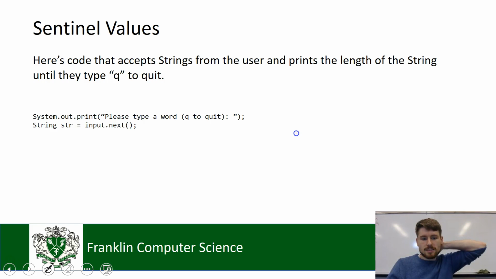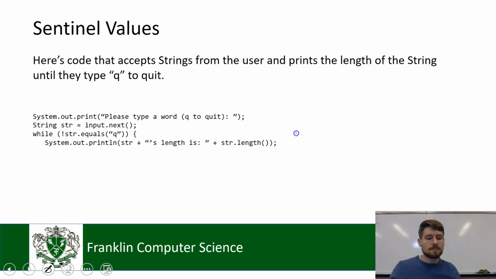So you'd first ask for a string. You can get the first string from the user. Please type a word, Q to quit. And then while that string is not equal to Q, that's when we'd want to get another word. We can print out the length, and we'd ask for another word, re-update what string is to the next, and that's the whole loop.